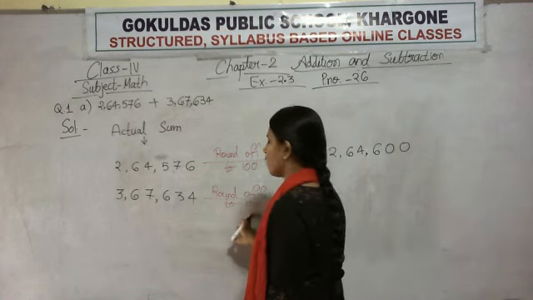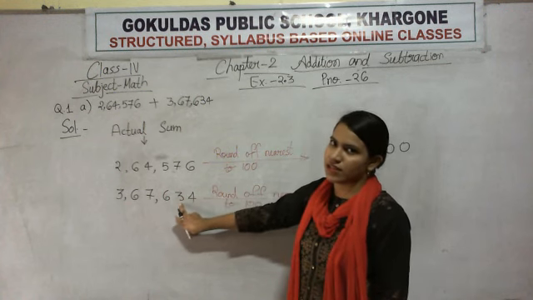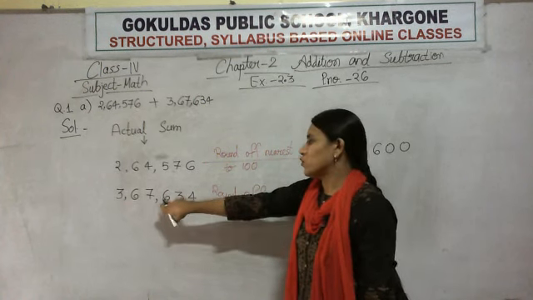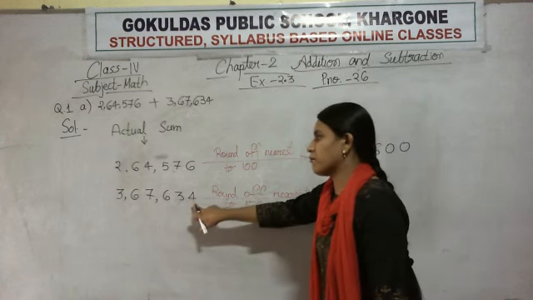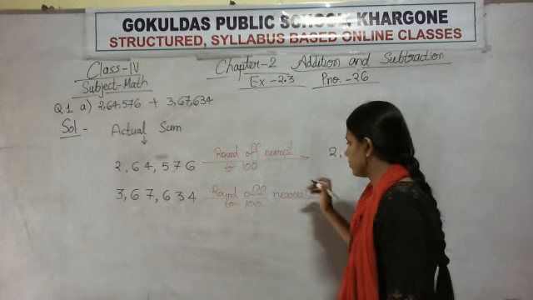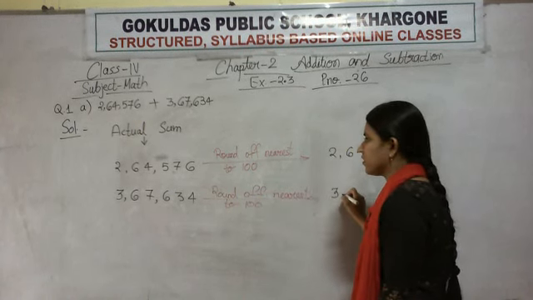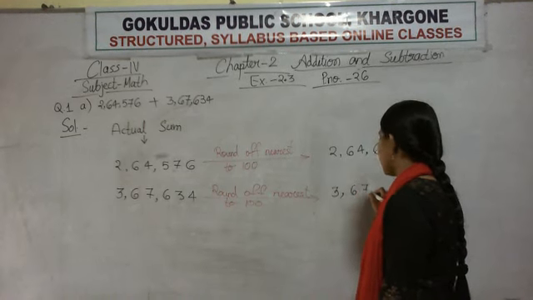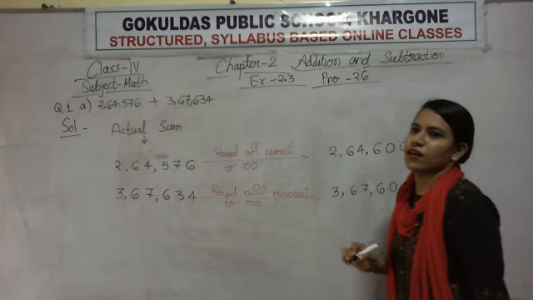Again you are rounding off to the nearest 100, so you will check the tens place. At the tens place 3 is there, so do not change the 6 and make the last two digits 0. So when you round off this number, you get 3,67,600. Okay.